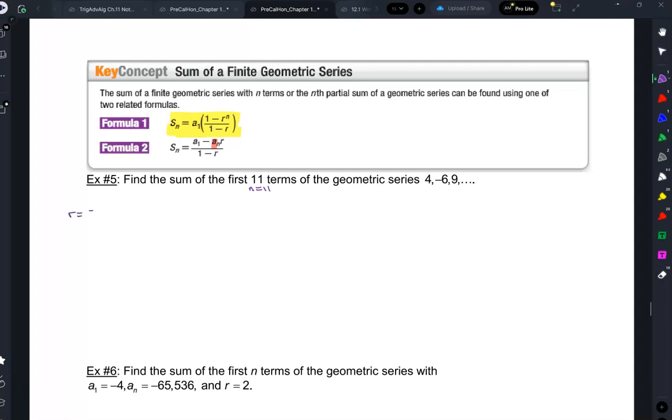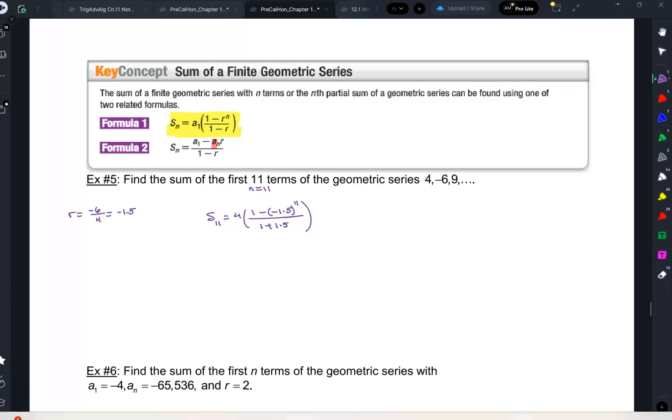This is the geometric series. We first need to find r, negative 1.5. So s sub 11 is equal to a1 times 1 minus r to the power of n all over 1 minus r, so 1 plus 1.5. Right?